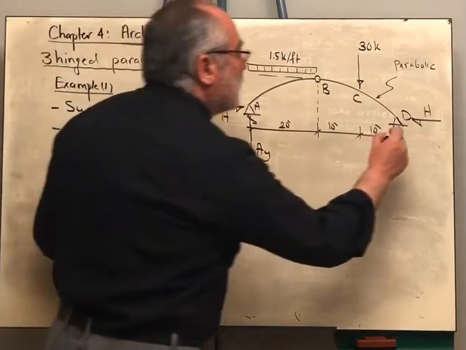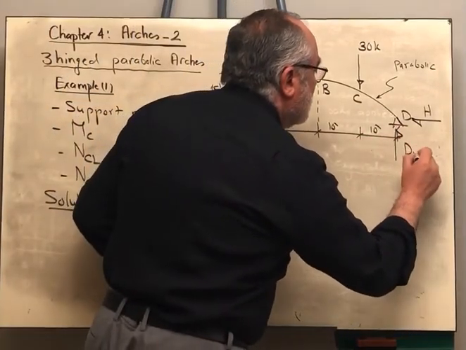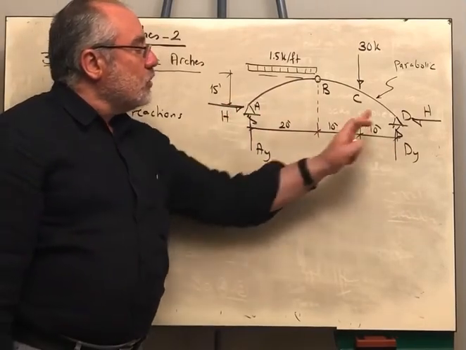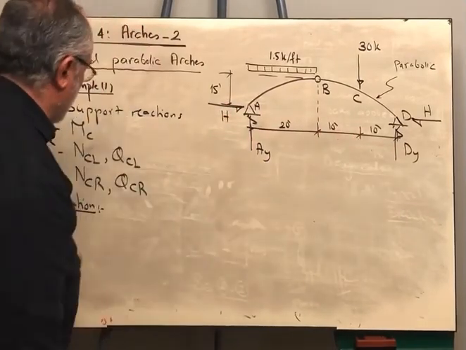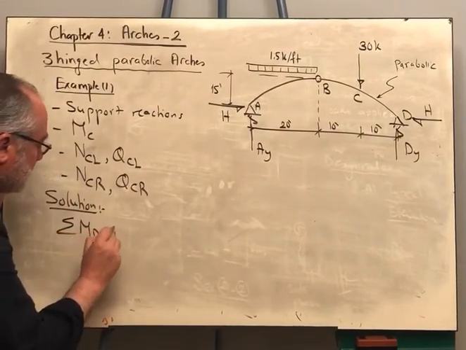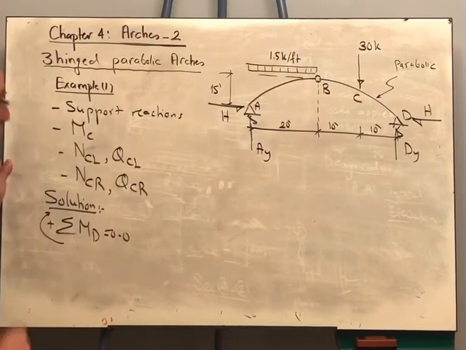So how can we start? We can either take moments about point A to determine DY, or moments about D to determine AY. So I will say sigma MD is equal to 0, and this is the positive direction.